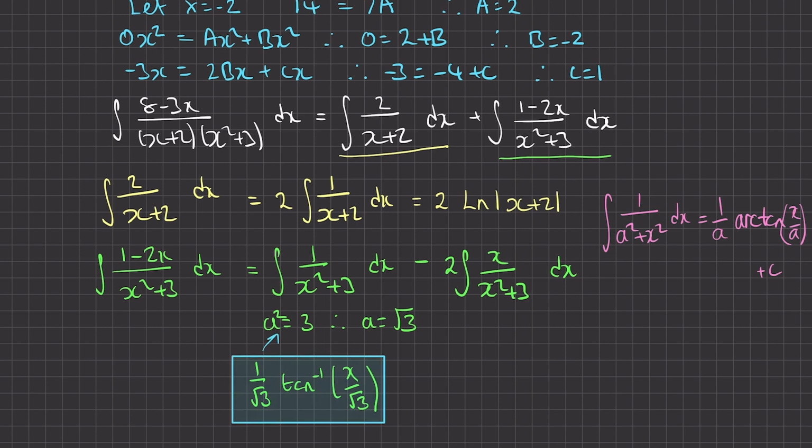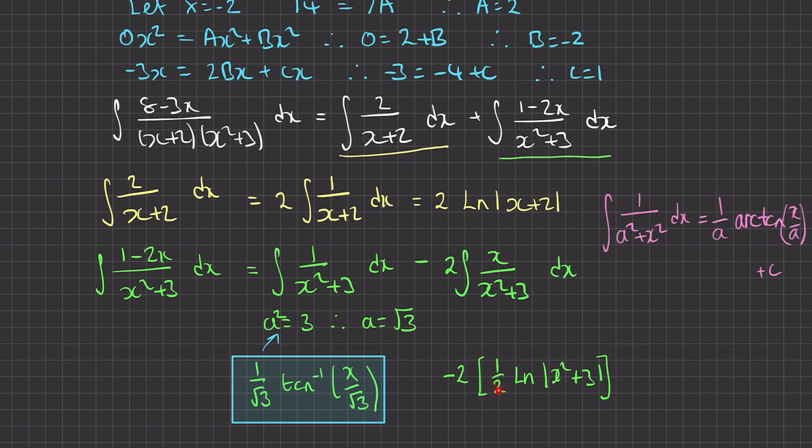Okay, so for the next one, now we're going to integrate this bit. And you can see we've got the reverse chain rule, where the derivative of x squared can be scaled to make the x term. So we'll have a negative 2, times 1/2 of a natural log of x squared plus 3.